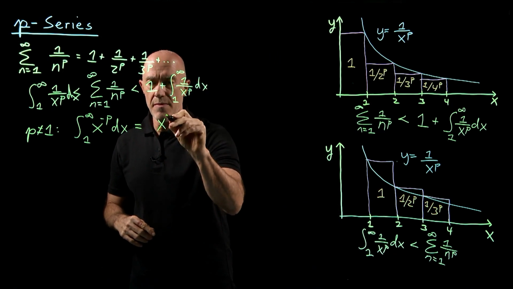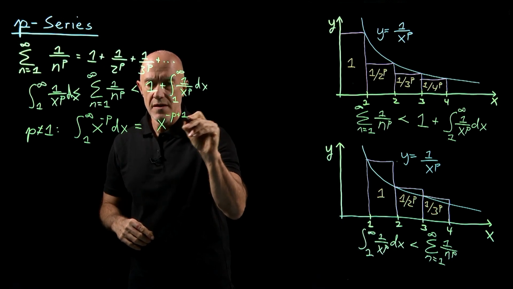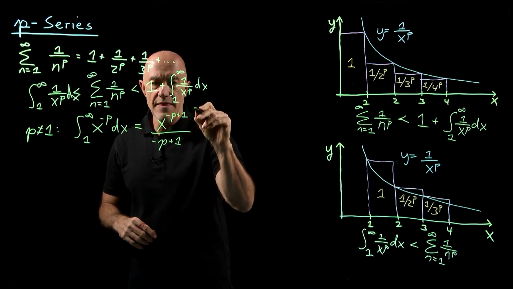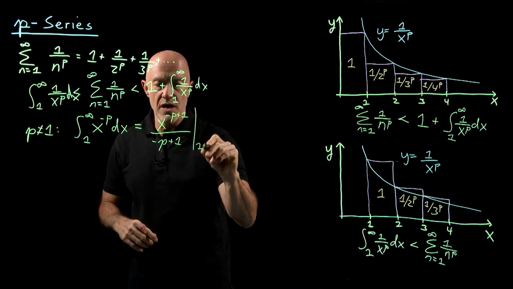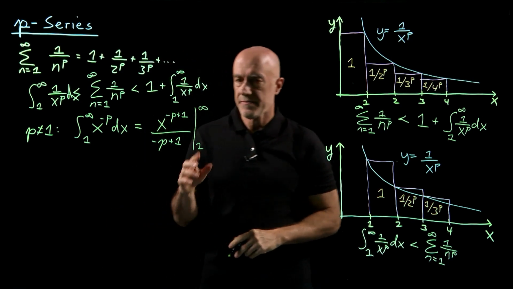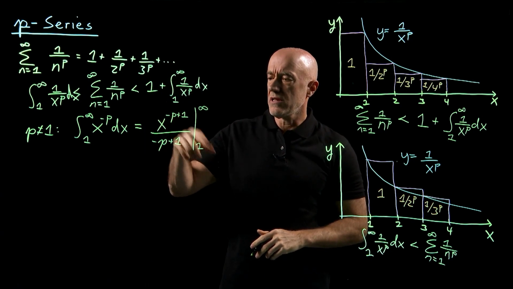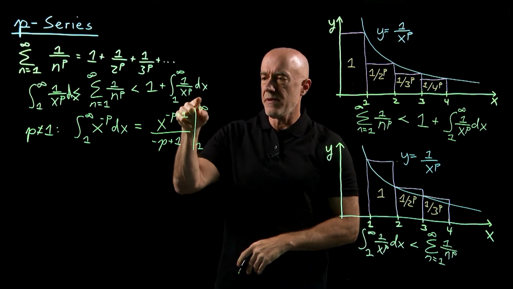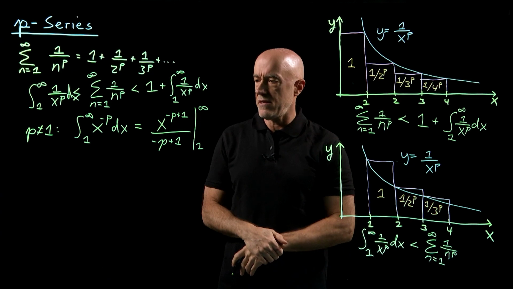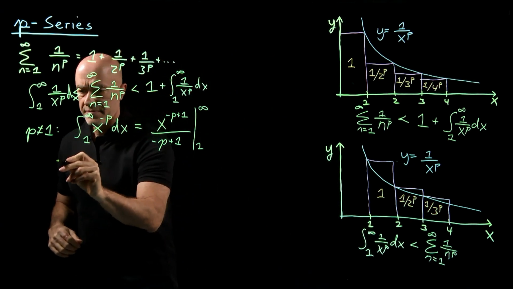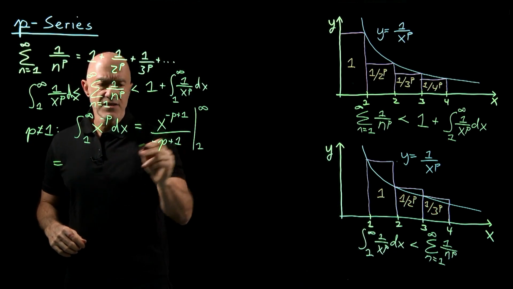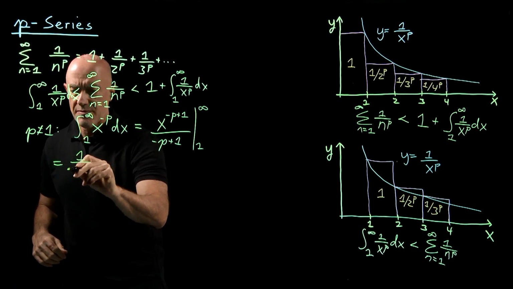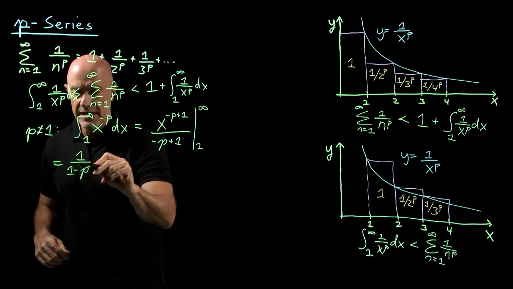That's x to the minus p plus 1 divided by minus p plus 1, and that's evaluated between 1 and infinity. The lower limit is clear. That's just a finite number. So the problem here is in the upper limit. So let's rewrite that. We can factor out the denominator, so 1 over, let me write that as 1 minus p.